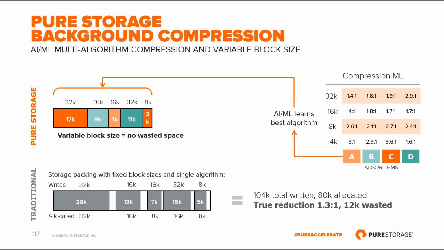So to round off the comparison here, for the same exact 104K of host written data, we're able to reduce it down to 44K allocated on the back end, which gives us a 2.36 to 1 compression ratio, as opposed to other vendors who, because of the fixed block sizing and the single compression algorithm, can likely just do something around 1.3 to 1 compression with about 12K of wasted space.